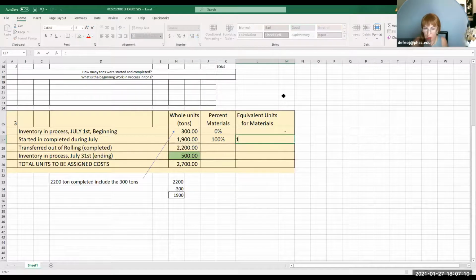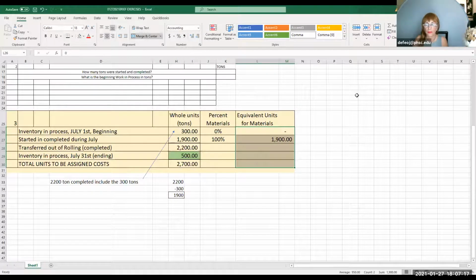Very good. Let me format these numbers here. And then we're going to do what we did here. We're going to put a line and we're just going to add. I want to merge these cells. So I'm adding these two numbers, 0 plus 1,900. I get 1,900.